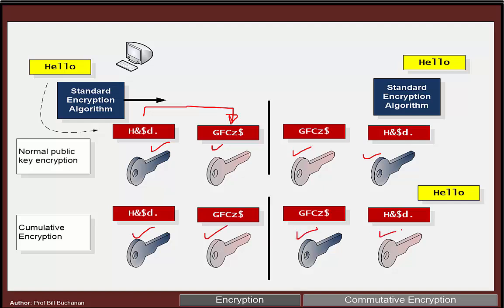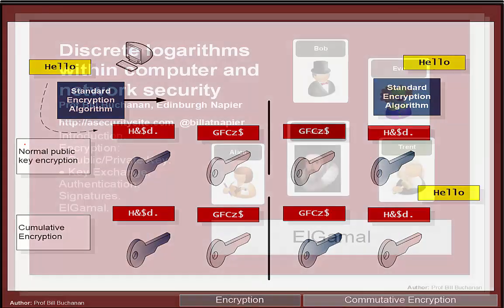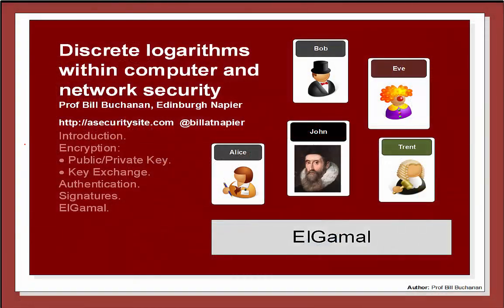So in this case, we've applied the blue key and then the red key. Then we can decrypt with the blue key, and then decrypt with the red key, and everything works.